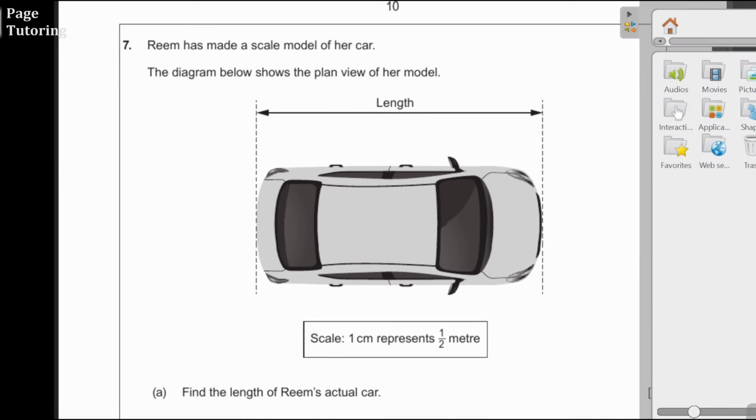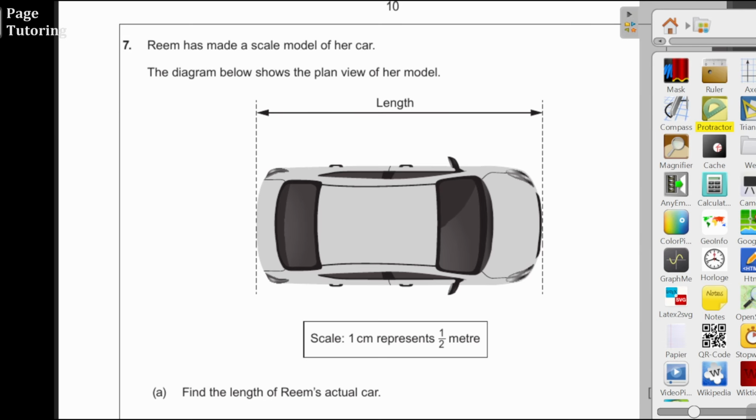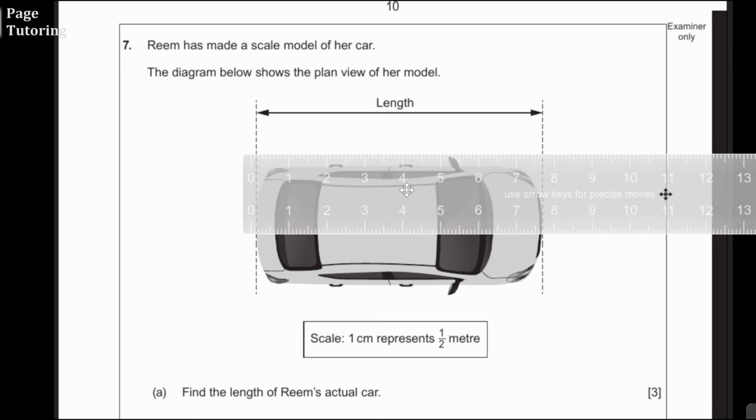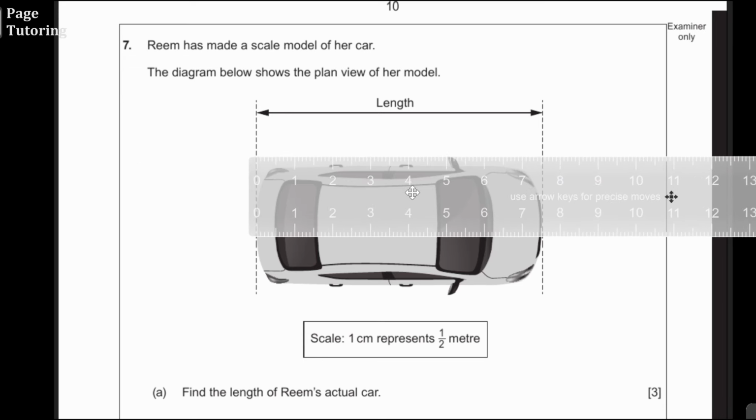So in my software, I'm just going to get up a ruler, drop that in. Now I found with my software, for some reason, the scaling is off. So if I put my ruler there, it's 7.5. But if I look in the actual mark scheme, and if you had a full A4 sized printed version of this exam, you should be measuring 9 centimetres.